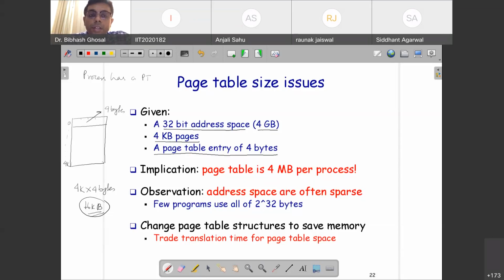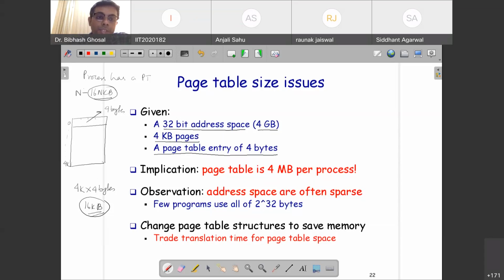I repeat, every process, in addition to its own space in the physical memory, will require an additional 16 KB of space for holding that page table. So if there are n processes, every process requires 16 KB, so 16n KB of space for n processes.